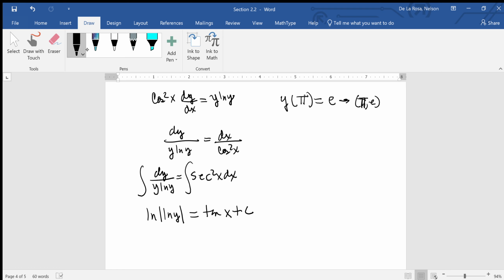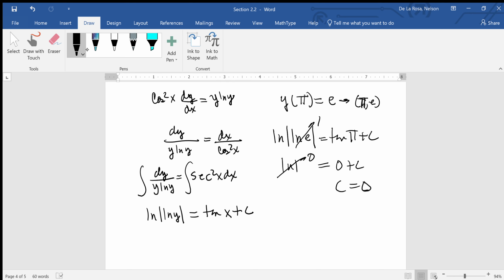If we replace this point in the equation, we have ln of absolute value of ln of e equals tangent of pi plus c. So ln of e is 1. ln of 1 is 0. And tangent of pi is 0 plus c. Therefore, c is 0.